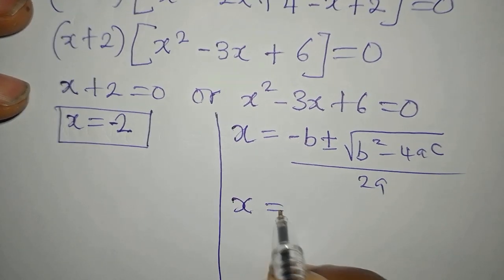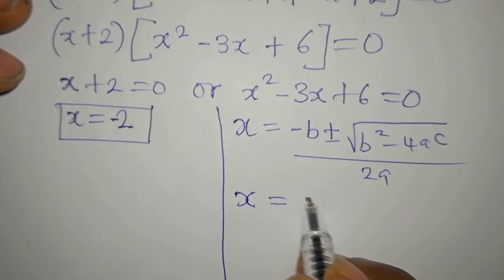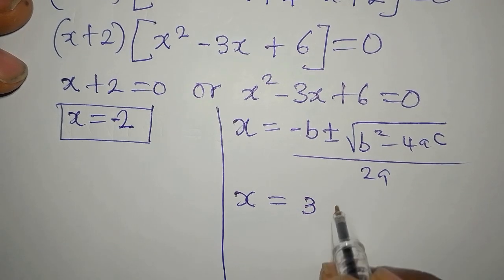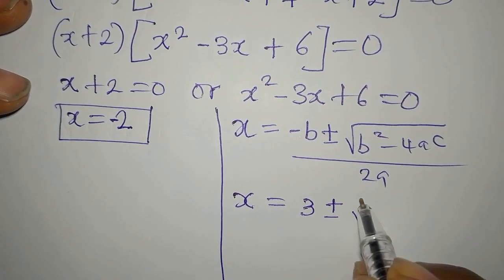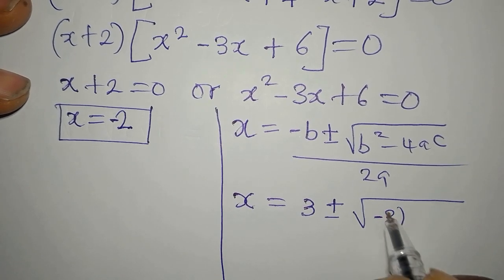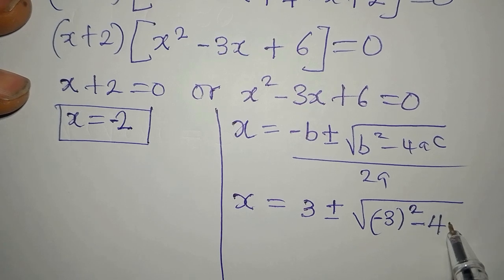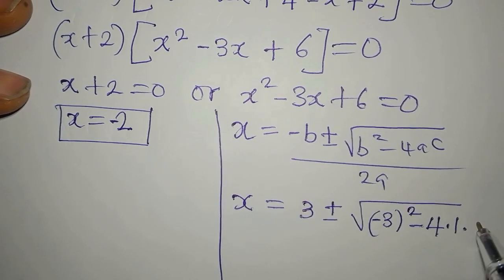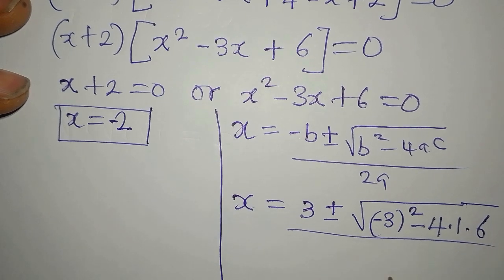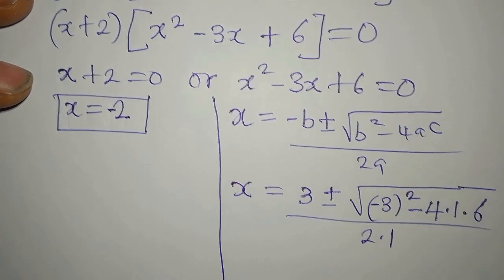So x will be equal to, in place of minus b, I'm going to write 3, because we have negative negative, it gives positive, plus or minus, we have b squared, that will be minus 3 squared, then minus 4 times a times c is 6. So whatever that we have there, we divide by 2 times a, and a is still 1.